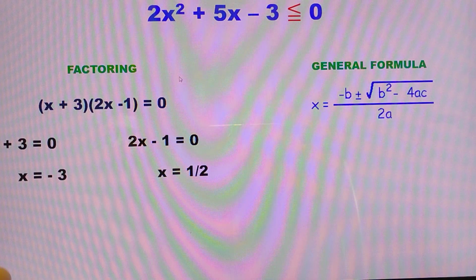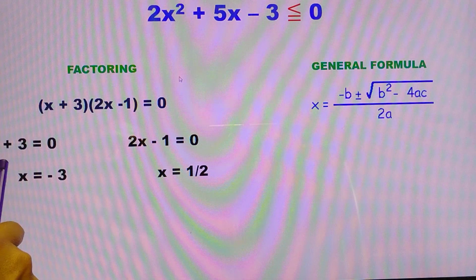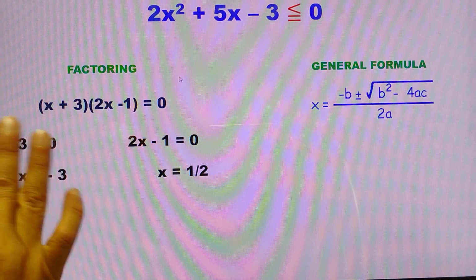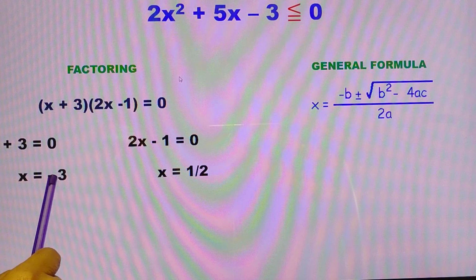And we have here linear equations. To solve is very easy. We use the opposite operation, so this is plus 3, the opposite is minus 3.